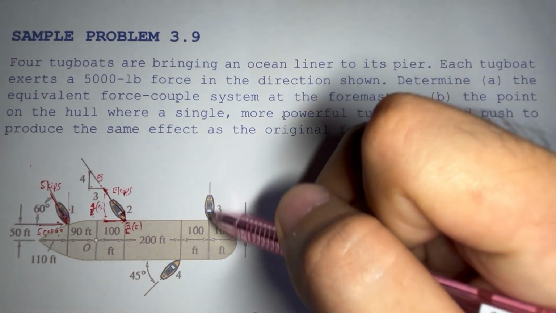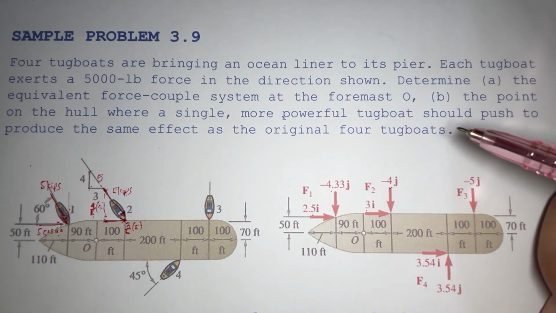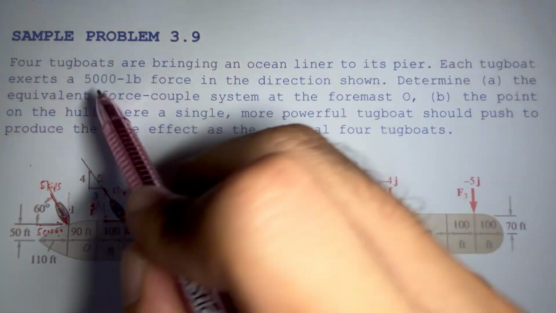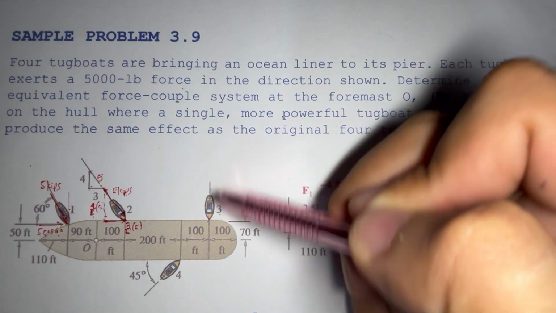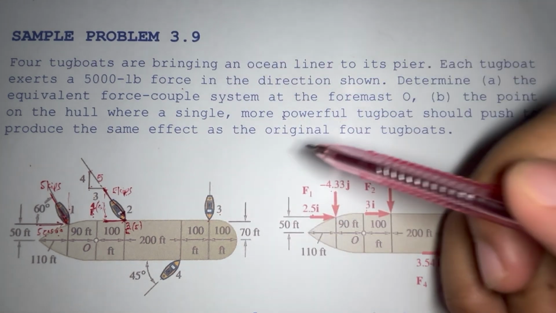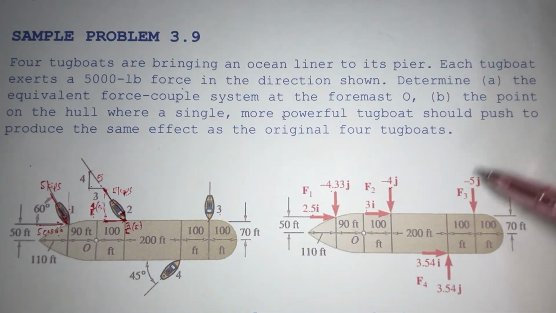So for our tugboat 3, since it's purely vertical, no component along x, and since the tugboat exerts a 5,000 force, and tugboat 3 here is along vertical and has no component along horizontal, therefore the component of the force along y here is 5, and along x is 0.